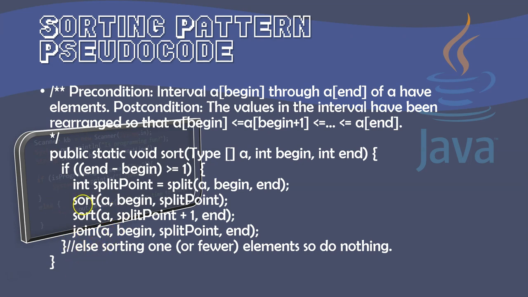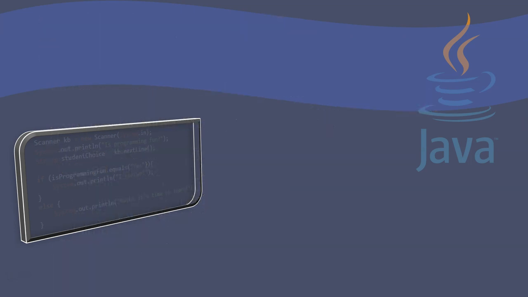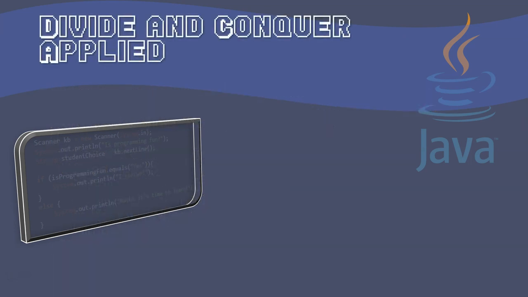Otherwise, our else here says sorting one or fewer elements, so do nothing. So if we have an element that is, let's say, of size 1, well, we don't need to sort that array because it's only an array of size 1. So this allows us to effectively apply our divide and conquer algorithm.